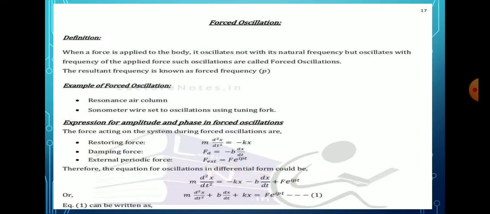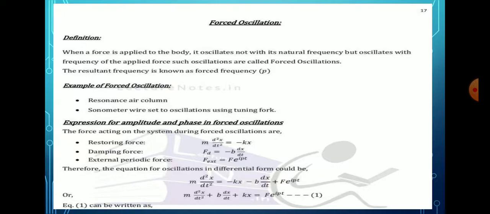Rearranging, we get m d square x by dt square plus b dx by dt plus kx equal to f e raised to i p t. That is equation number 1.